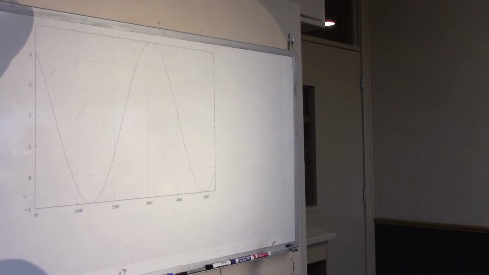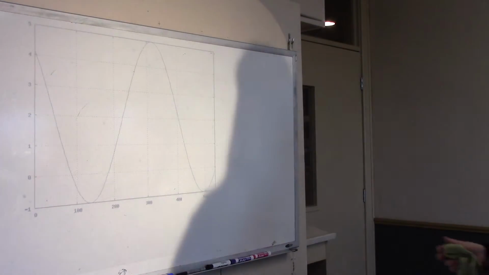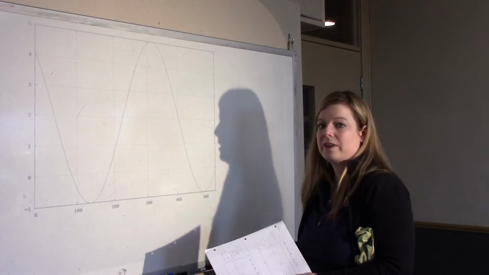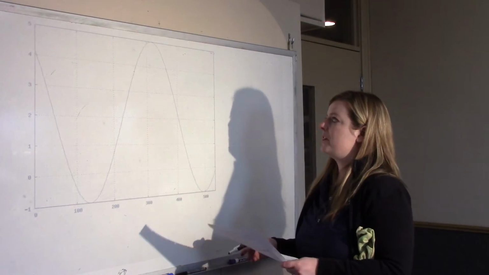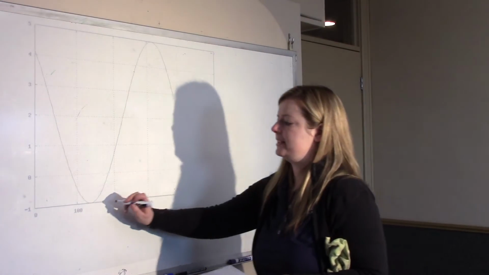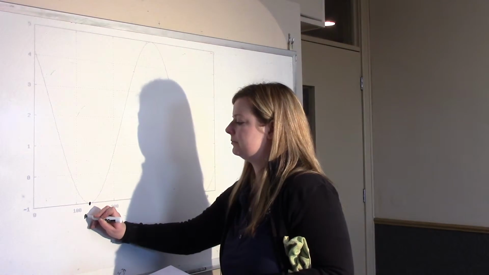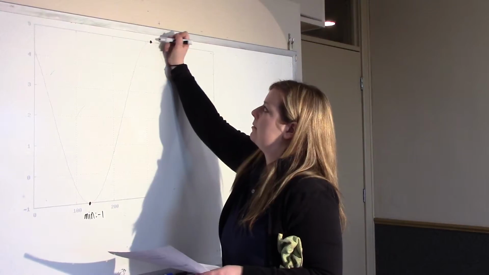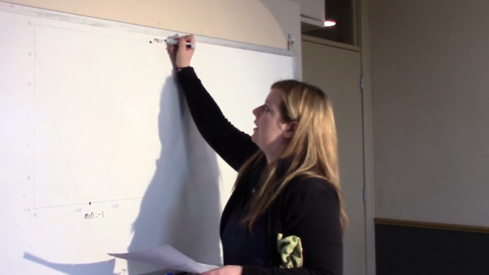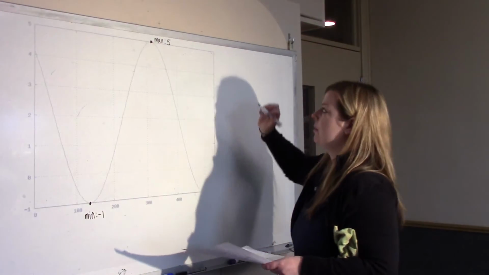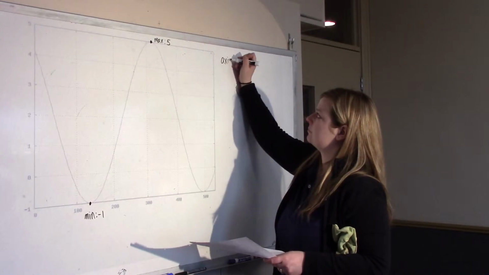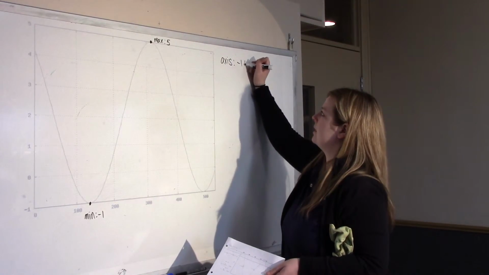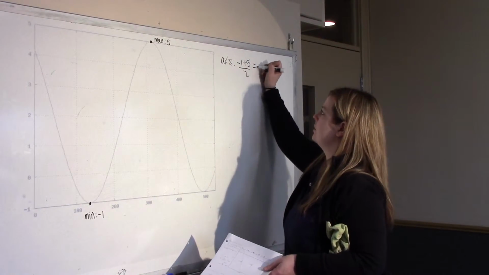Okay, here we go, last one. So this is a bit more complicated because it doesn't show the entire cycle. But we do see half of a cycle because we see a minimum of -1 to a maximum of 5. So we can come up with our axis: -1 plus 5 divided by 2, so that's 2.